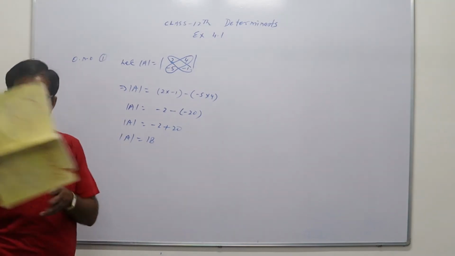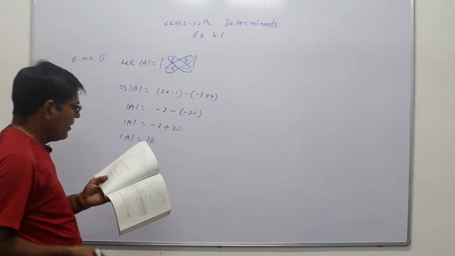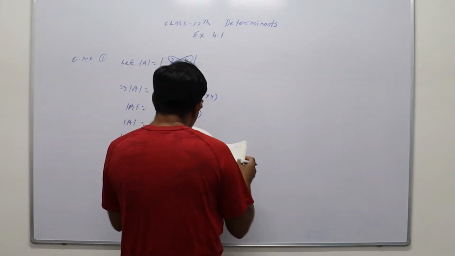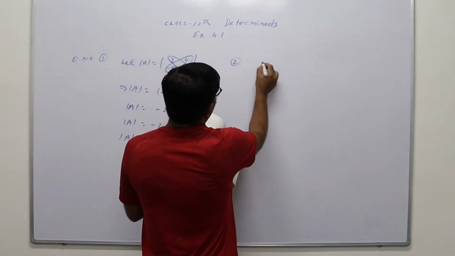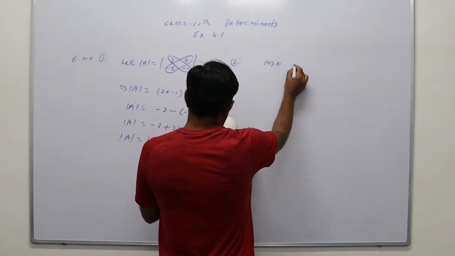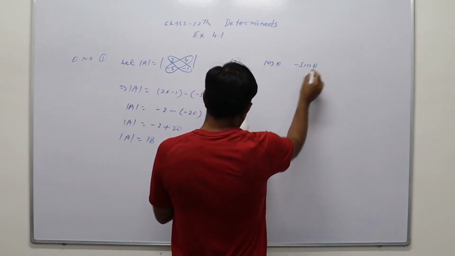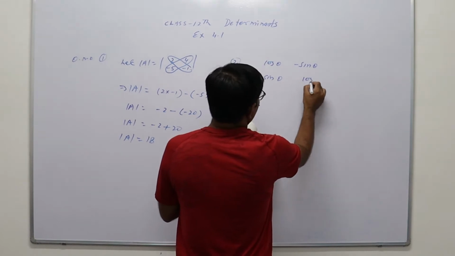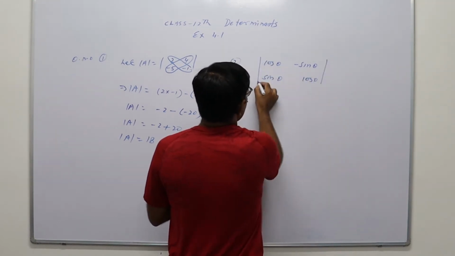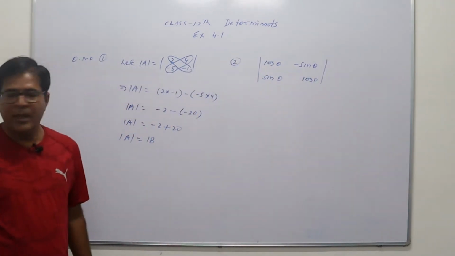Now the second one. Find the determinant in question number 2: cos theta, minus sin theta, then sin theta, cos theta. So this is also a determinant of order 2.